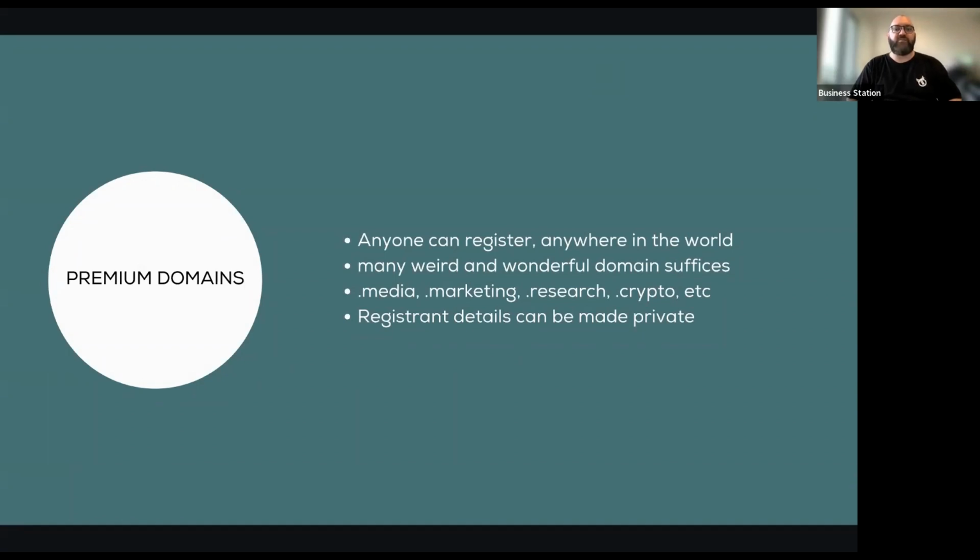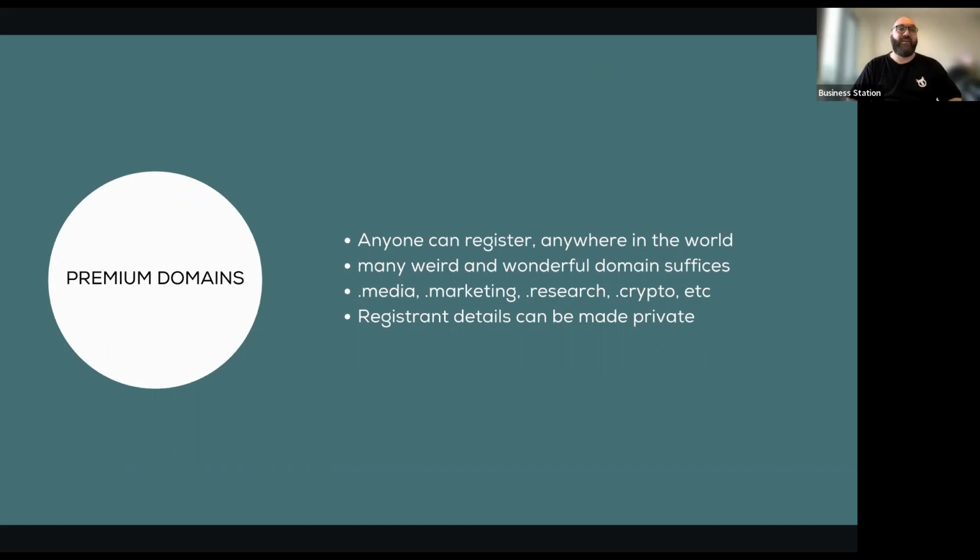So they're ones that are under a lot of demand. So you're looking for a particular name that's quite common with an ending that's quite in demand, where you can get up to the thousands of dollars per year for one of these. That said, though, most of them are going to cost you probably less than a generic domain. They're not going to cost you very much at all. So .media, .marketing, .research, .crypto. .crypto is very much in demand at the moment, but something like .research, probably not so much demand.